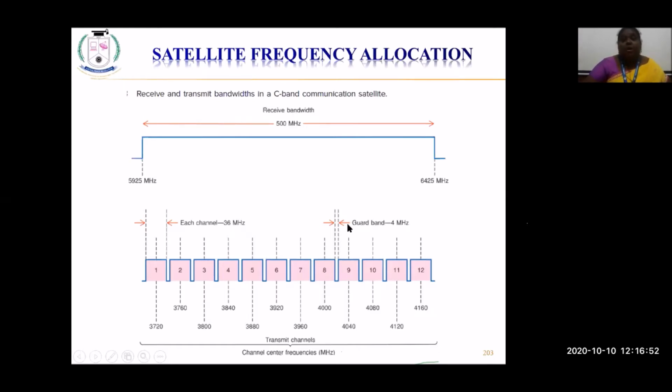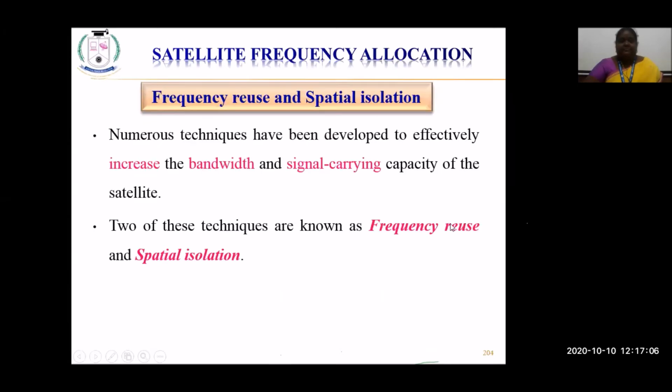This is the frequency spectrum allocation for the C band communication satellite. This is how the signals will be transmitted in the form of zeros and ones. Everything will be digitized.